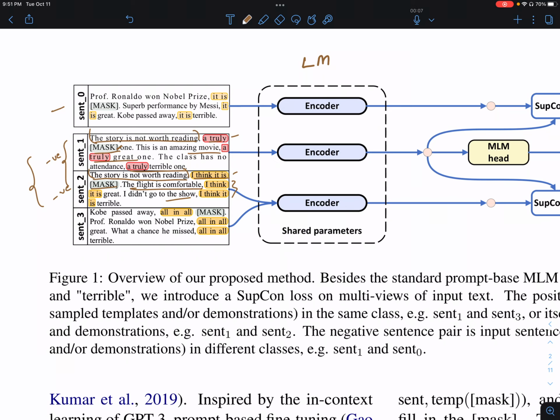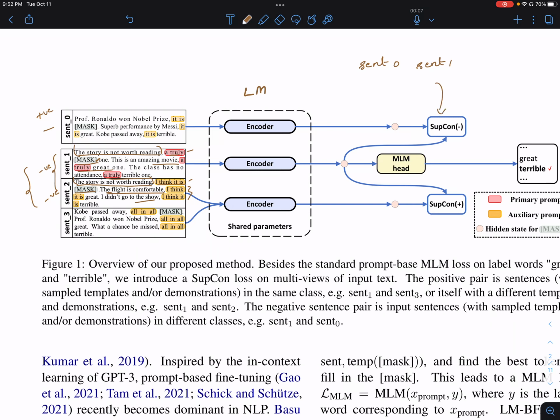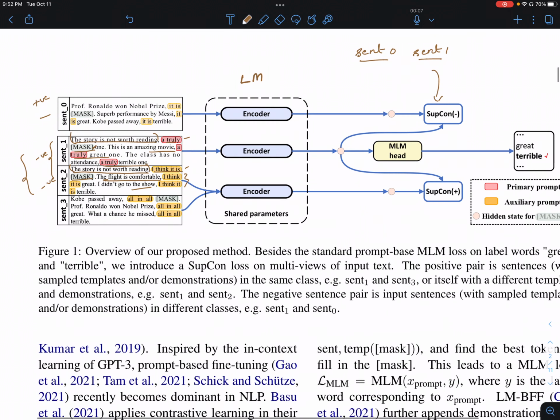It's something positive, so this is a positive sentiment. So sentence zero and sentence one would form a negative pair, with each sentence belonging to a different class. And you have sentence one and maybe sentence two or sentence three. They form a positive pair because both of them belong to the same class, right?